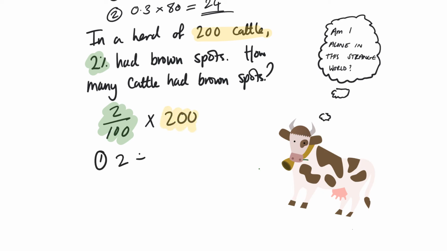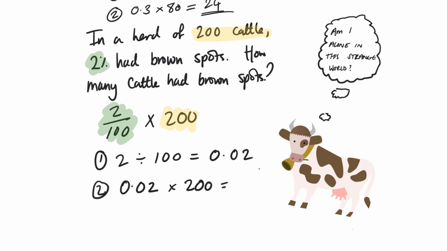So you can do 2 divided by 100 equals 0.02. And then in step 2, you'll take your 0.02 and you will multiply that by 200. And that is going to give you an answer of 4. So 2% of the 200 cattle will give you 4 cattle with brown spots.